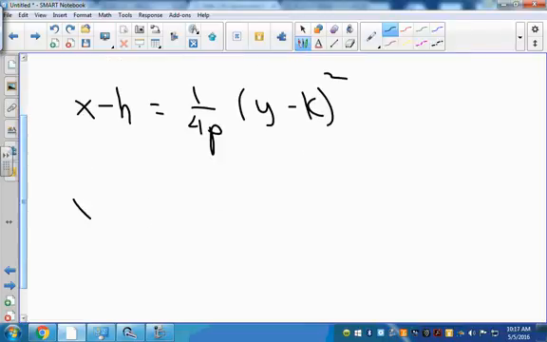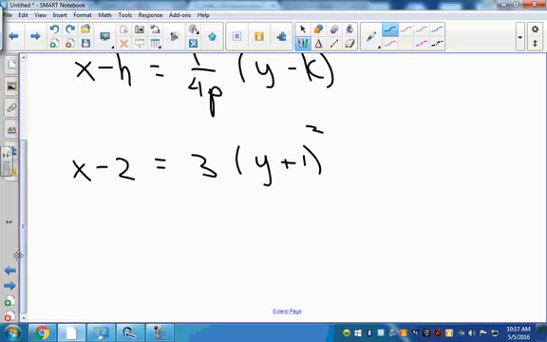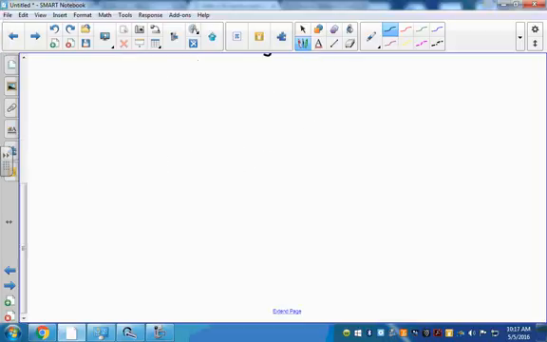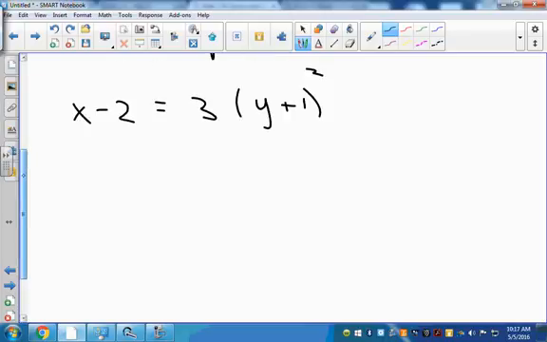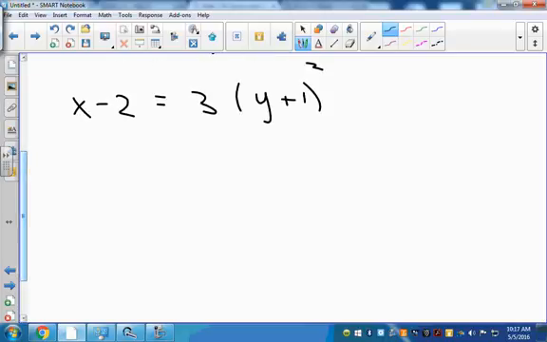x minus 2 is equal to 3 times y plus 1 squared. And our task is to graph it, find the vertex, find the focus, find the directrix for this particular parabola. How do we start? What point do we go after first? The vertex. You get the vertex first, and then you draw a rough sketch.